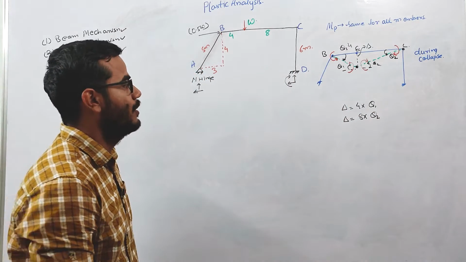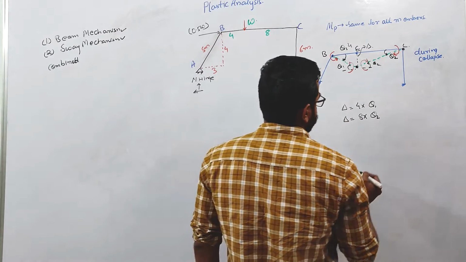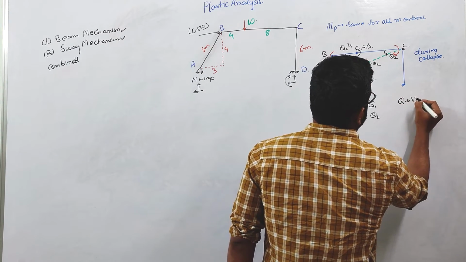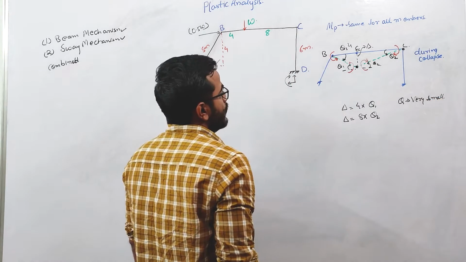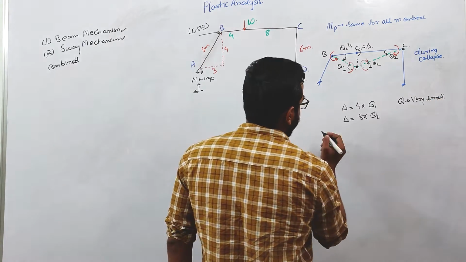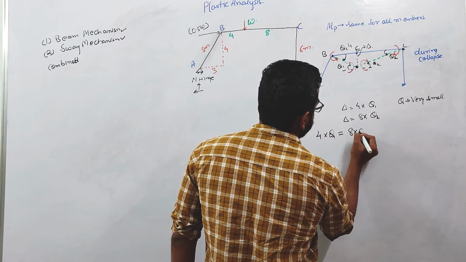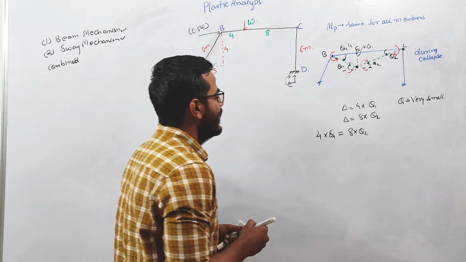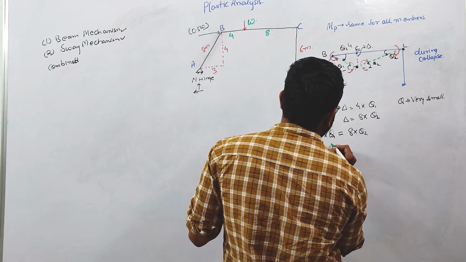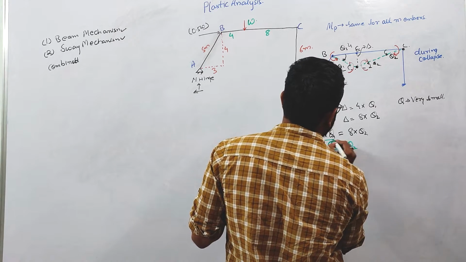These thetas are very, very small, that's why we can use this relation. Okay, so if you equate these two equations, I can write 4 theta 1 equals 8 into theta 2. Okay, from here I can say that theta 1 by 2 equals theta 2.